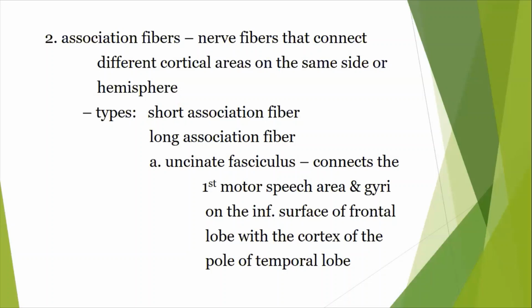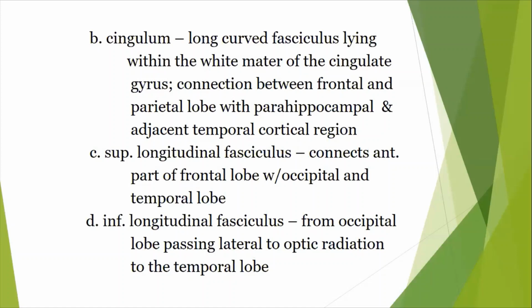You have the uncinate fasciculus, which connects the first motor speech area and gyri on the inferior surface of the frontal lobe with the cortex of the whole of the temporal lobe. Then you have the cingulum, which is the long curved fasciculus lying within the white matter of the cingulate gyrus, and the connection will be between the frontal and parietal lobe with the parahippocampal and adjacent temporal region.